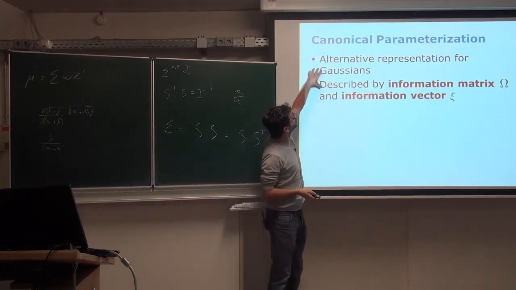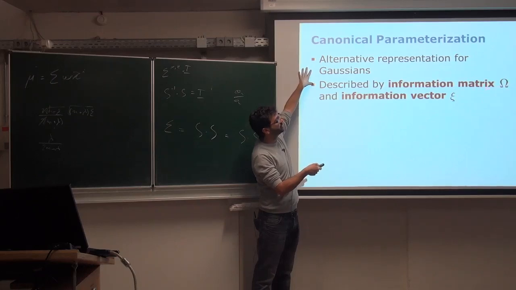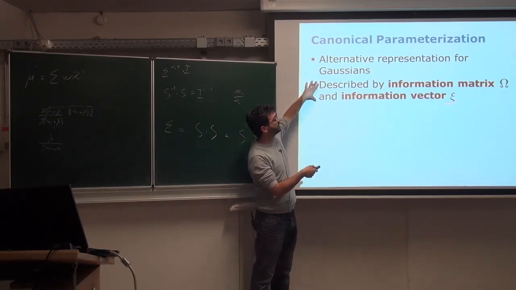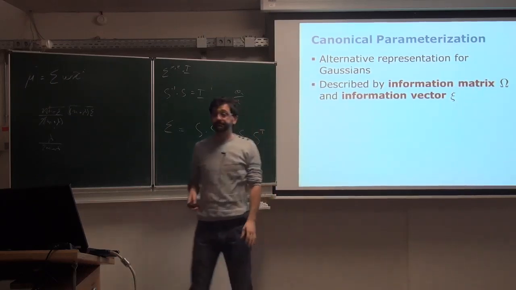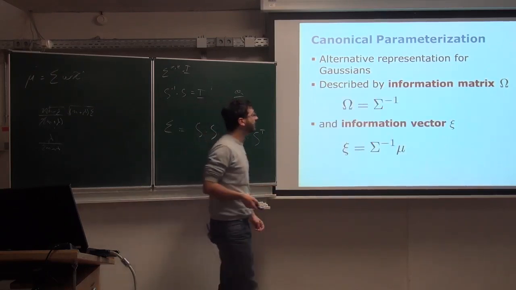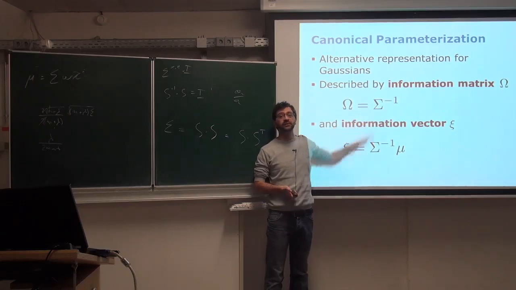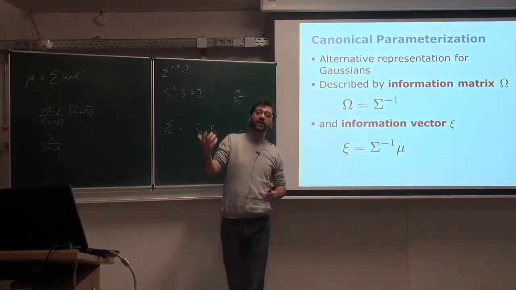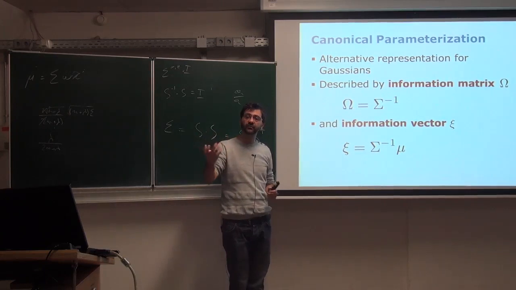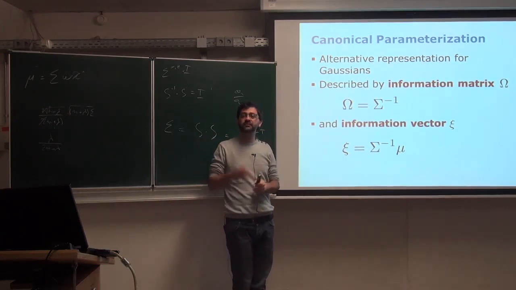That's exactly what's called the information matrix and the information vector. Okay. Now, how are they defined? The information matrix is defined as the inverse of the covariance matrix. The covariance tells you how uncertain you are, and the information matrix tells you how certain you are about something.